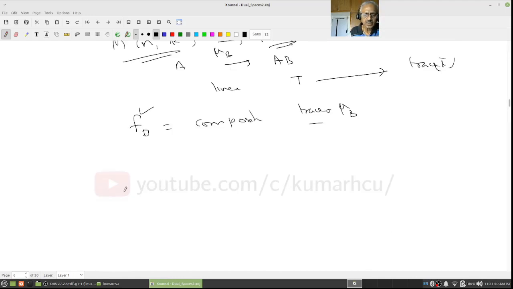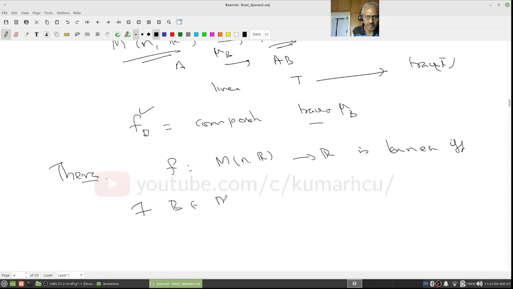So what you have proved is the following theorem: f from M_n(R) to R is linear if and only if there exists a B in M_n(R) such that f of A is trace of AB or trace of BA. It doesn't matter.